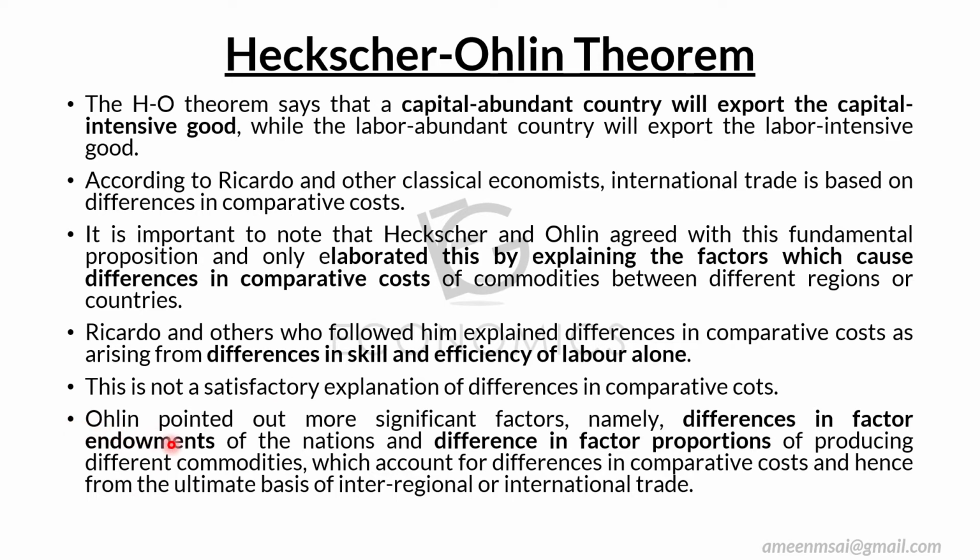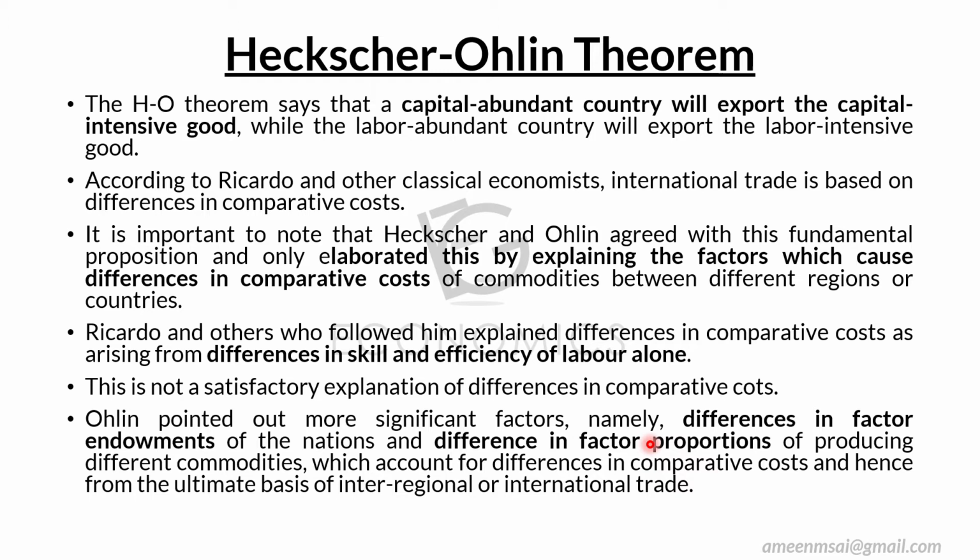What Heckscher and Ohlin did is that they pointed out more significant factors, namely differences in factor endowments, that means the amount of factors of production available in a country, and the differences in factor proportions. Proportions in the sense that the difference in the combination.